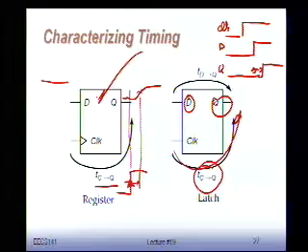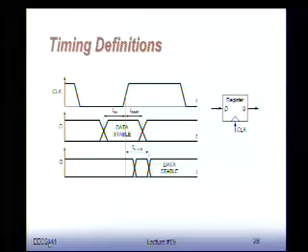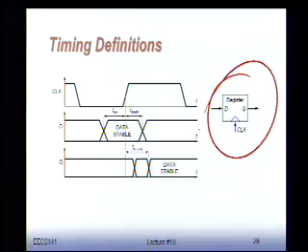There are some other things we have to worry about with registers and latches. Things you might have heard about when you were talking about it in 150. Suppose I take a register, or a flip-flop, and apply a clock edge right here.